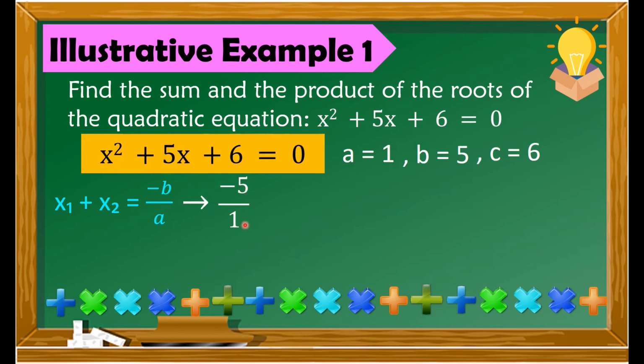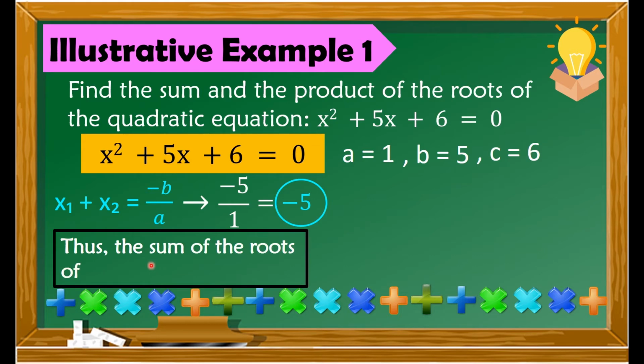That is the value of a. Now, we can simplify. Negative 5 over 1 is just equal to negative 5. This negative 5 now is known as the sum of the roots of x squared plus 5x plus 6 is equal to 0. Okay? So, we have now the sum.